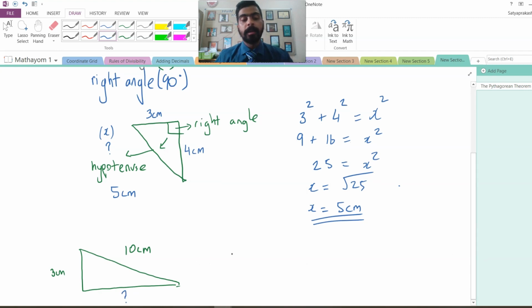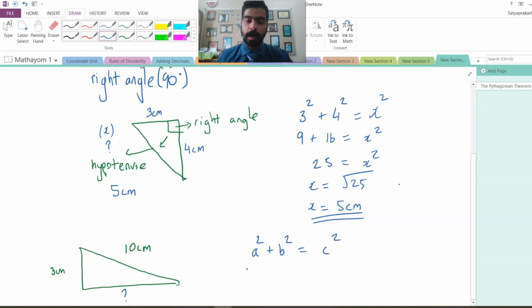In order to find the length of the shorter side, we use the same formula here, which is a squared plus b squared is equal to c squared, in which c would always be our hypotenuse. It doesn't matter which shorter side we choose as a and which as b, as the final answer would be the same.